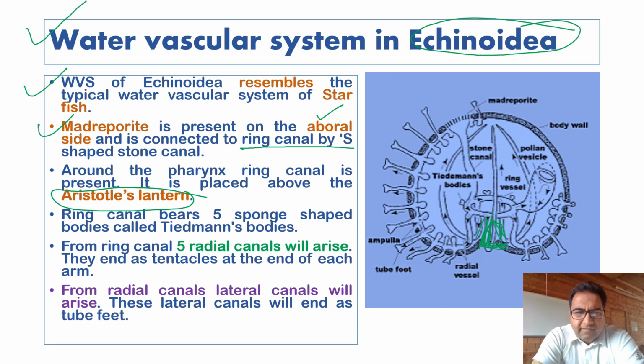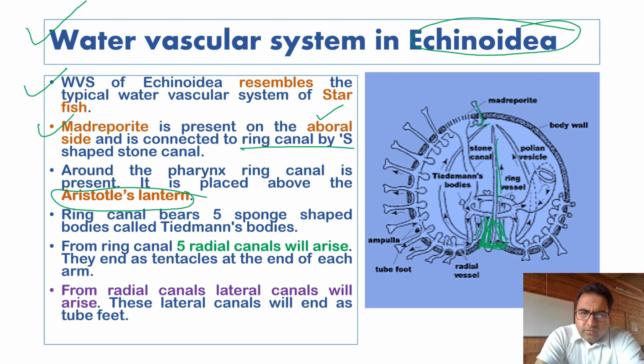So from the ring canal, 5 radial canals arise. We can see that if this is the madreporite that leads to the stone canal, it leads to the ring canal. We do have the ring vessel here in this case.